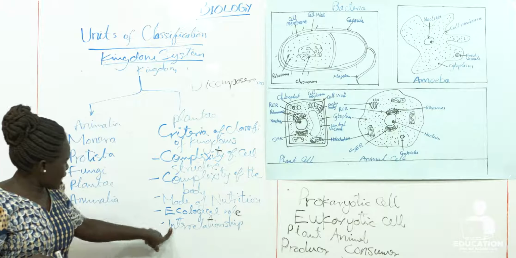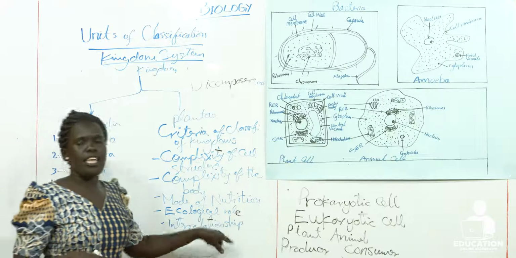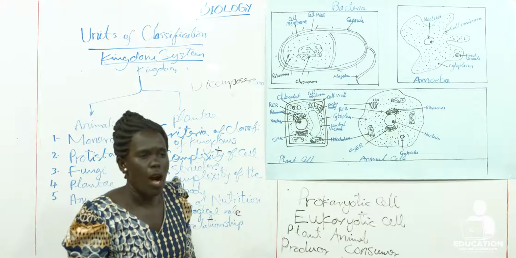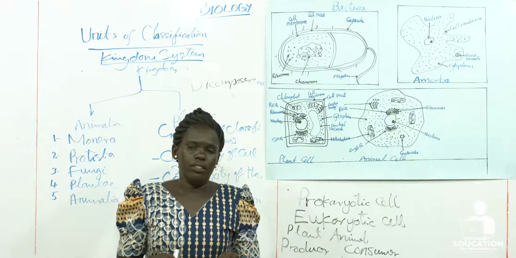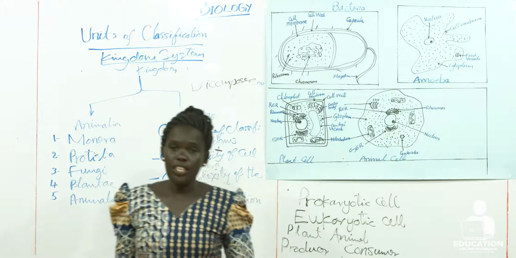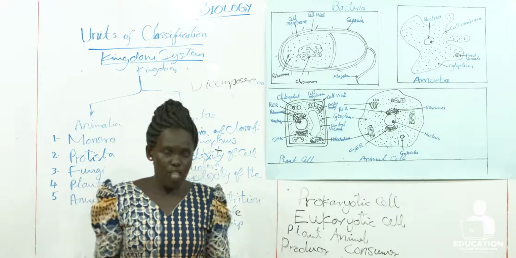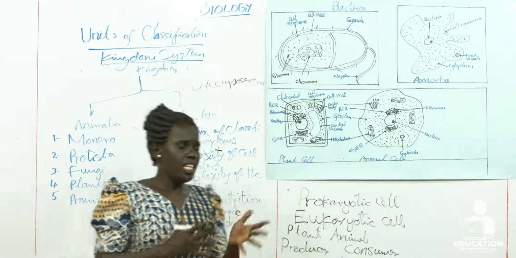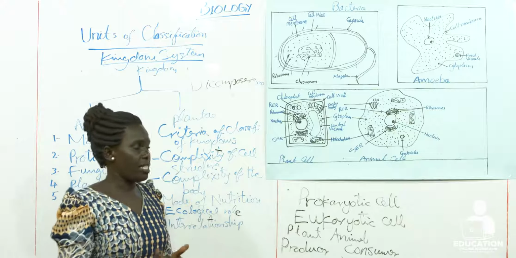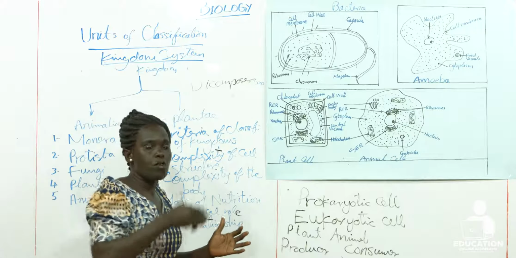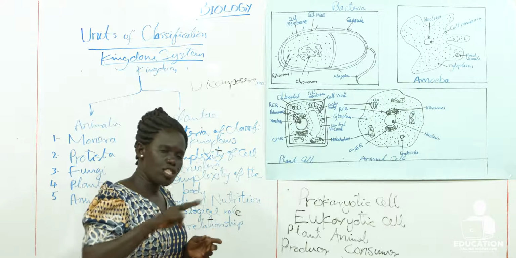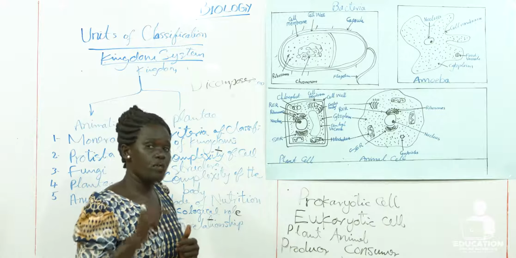Then another criteria, which is interrelationship. These are interactions among different living organisms in their environment. Because living organisms are in their environment, they have relationships among them. Some of them benefit from each other. You will find two different species benefiting from each other.